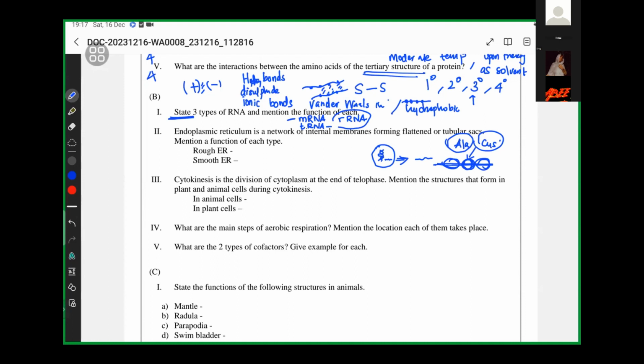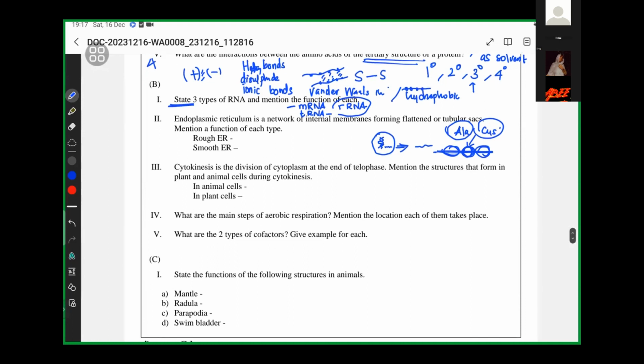So that's it. So the next question is, the endoplasmic reticulum is a network of internal membranes forming flattened or tubular sacs. So you know there are endoplasmic reticulums like this. With the nucleus, you have some sort of endoplasmic reticulum like these bags and everything. They might contain ribosomes, or they might not contain any ribosomes like this.